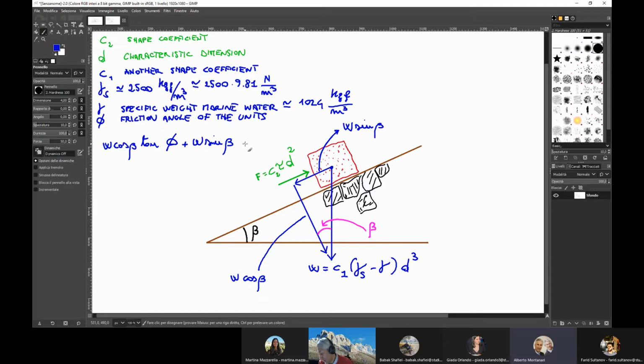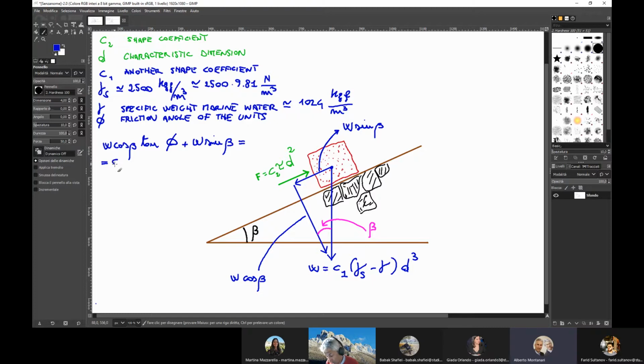I am interested in studying the limiting condition when the sum of the stabilizing forces is equal to the green destabilizing force. So I am interested in the equilibrium between W cos beta tan phi plus W sin beta and what?